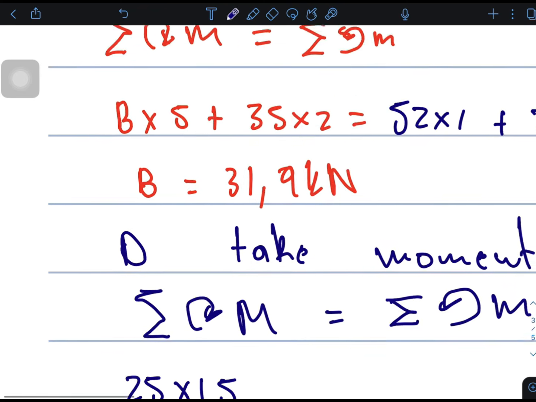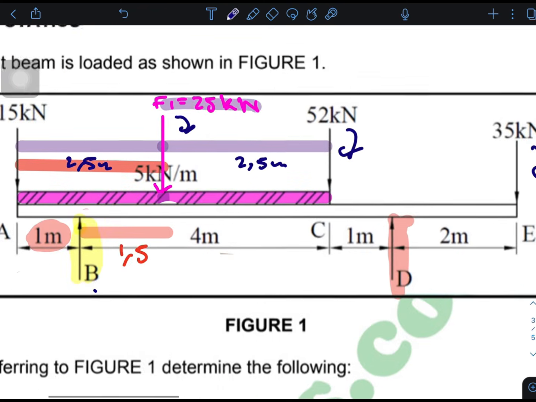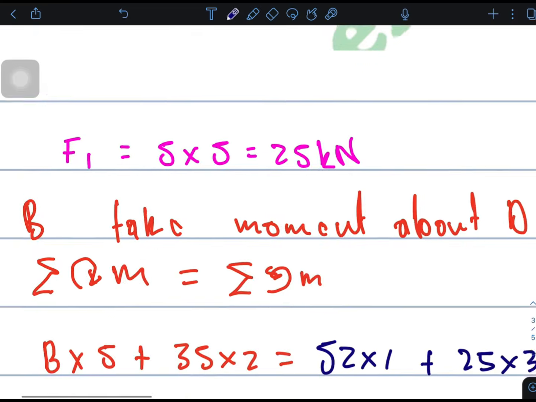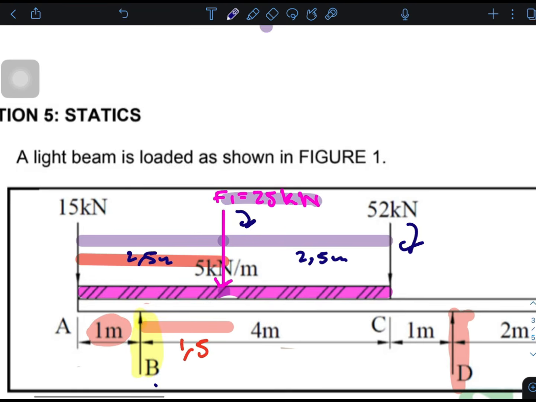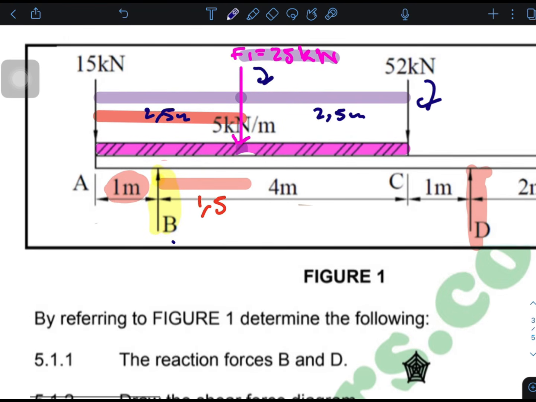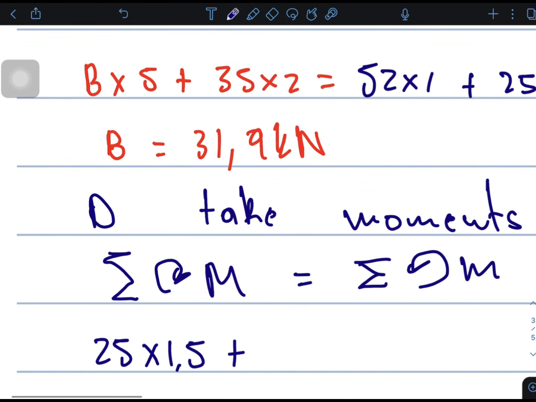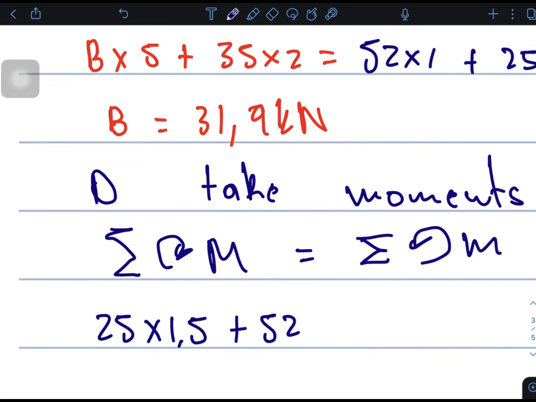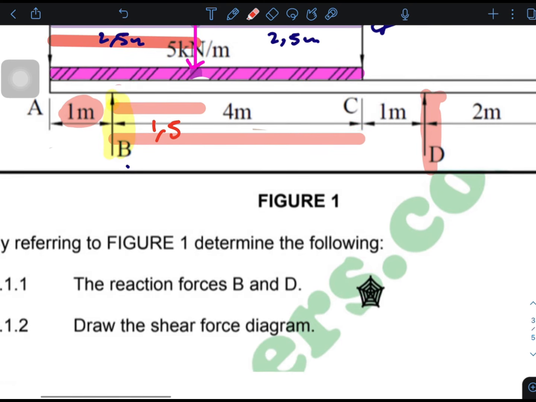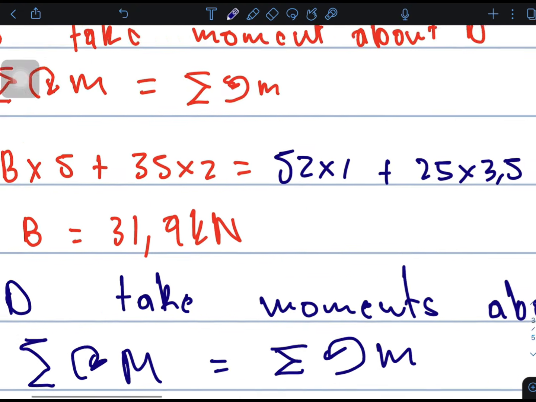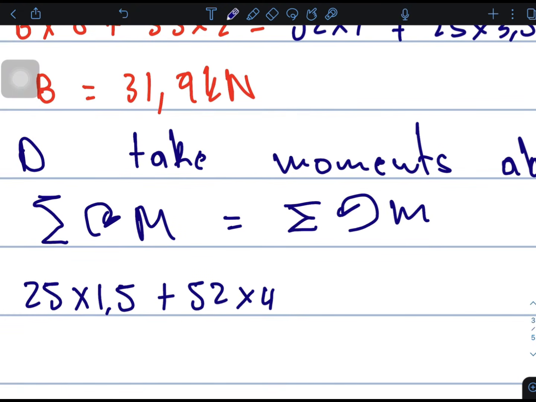1.5. Okay, 1.5 times 1.5 plus, what is the other force? The 52 kilonewton, 52. Then what is the distance from the turning point to the line of action of the 52 kilonewton? That distance is 4 meters. So times 4.